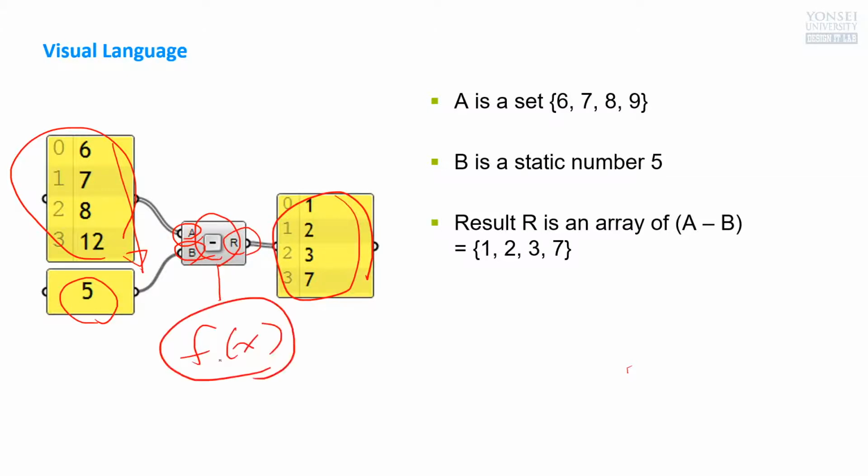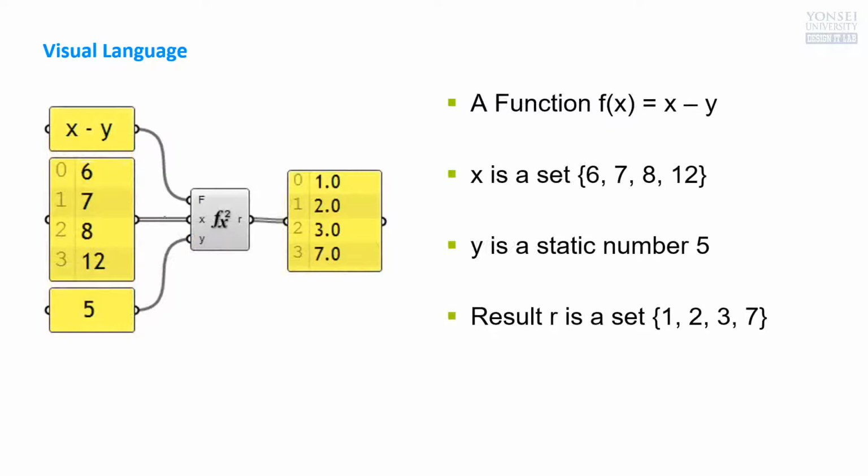Function f(x) is set A minus set B. This is the visual representation of this program, okay? Even if some complicated function is here, anyway, the result can be represented this way. So you can take a look at this one without confusion, I believe.